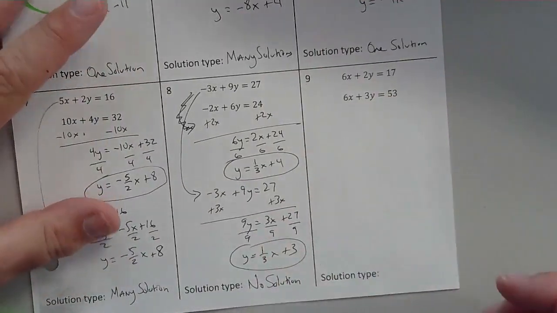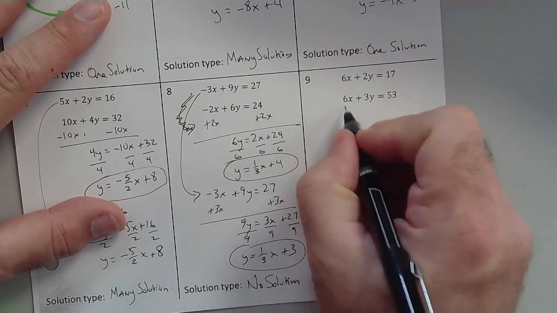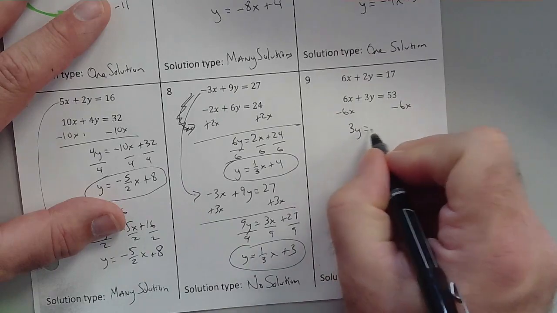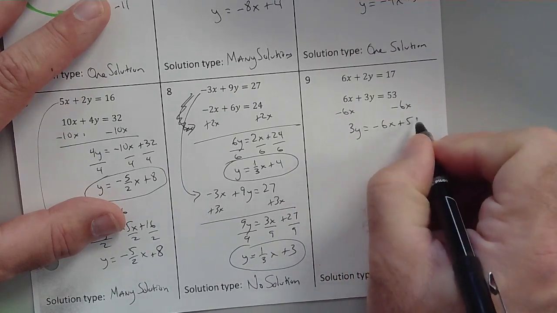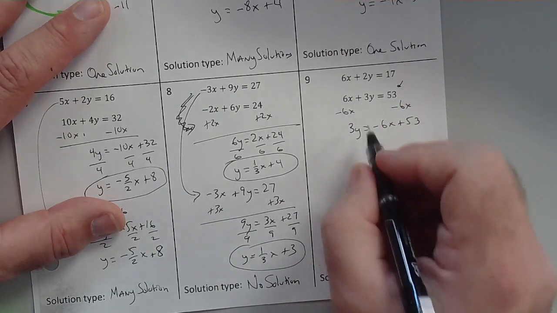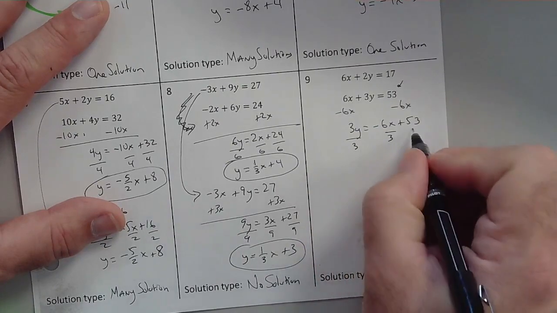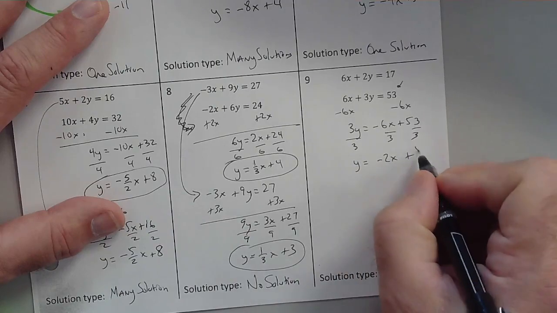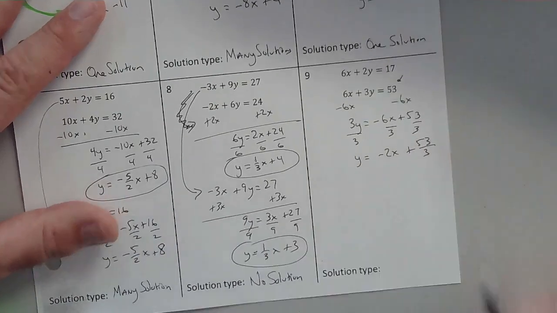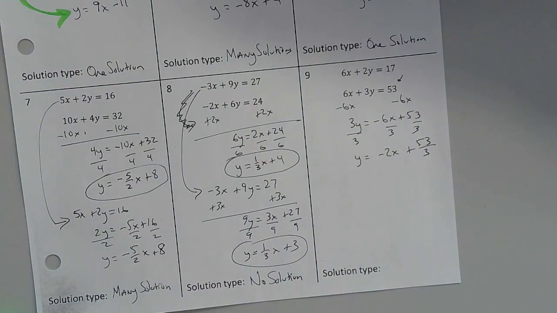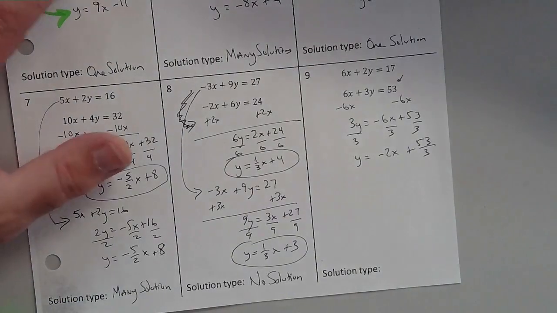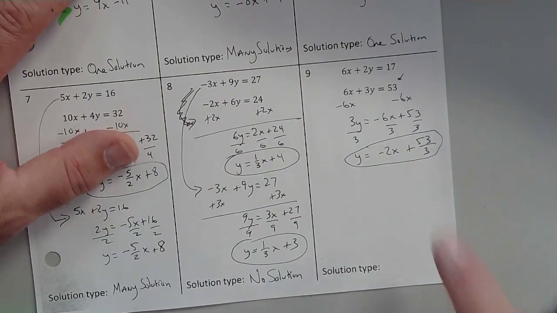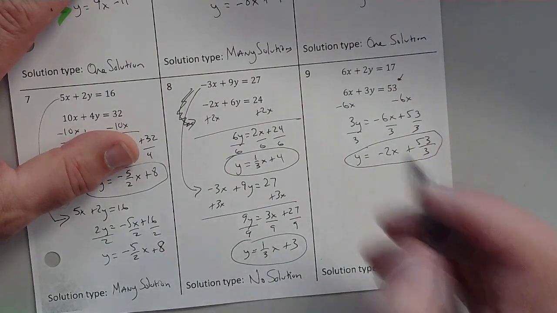Finally, we got this one. Oh, kind of exciting here. So let's do this one. Minus 6x, minus 6x. 3y equals negative 6x plus 53. Remember, that's a positive 53. Divide by 3. We get y equals negative 2x plus, I'm just going to leave this as 53/3. Because why not? I don't have to change it. They don't share a common factor except for one.